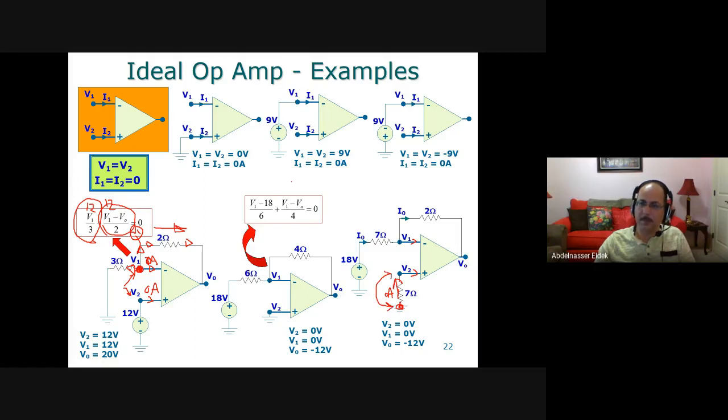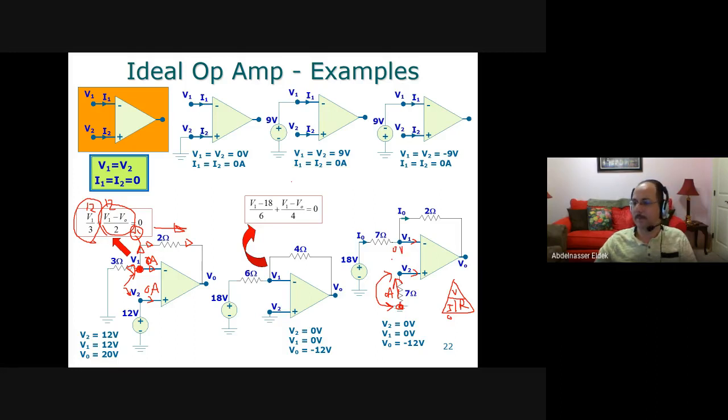If you apply Ohm's law, V equals I R, the current equals 0, then the voltage will be 0 times R, which is 7 here. So the voltage is 0. So again here V2 will be 0 volt, then V1 will be 0 volt.